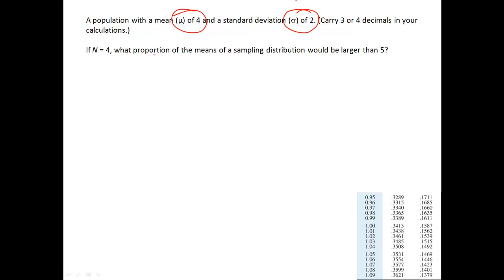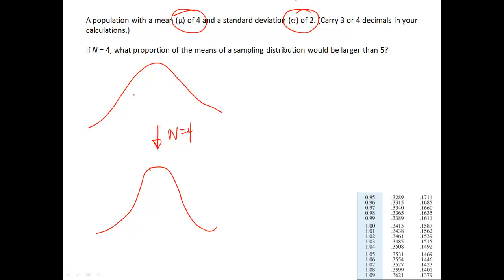It's just more of a theoretical what-if kind of question. So I understand that the original population spread will shrink if I plot sample means. And in this case, I'm plotting sample means for n equals 4.